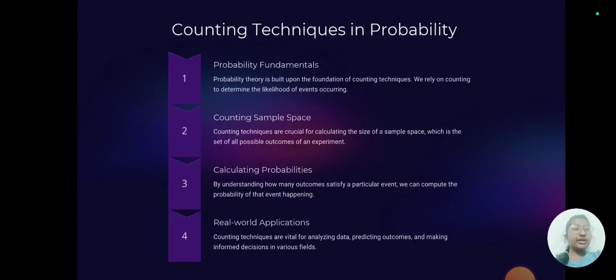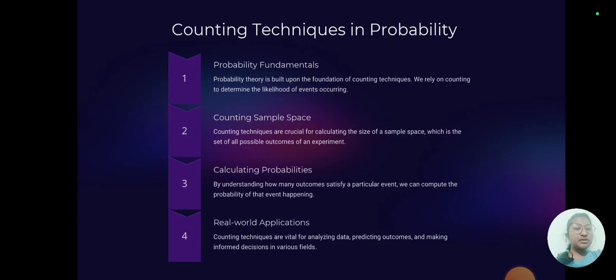Next, counting techniques in probability. Probability fundamentals: probability theory is built on the foundation of counting techniques. We rely on counting to determine the likelihood of events occurring.